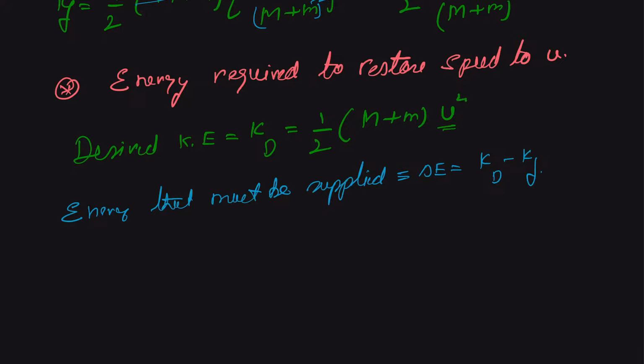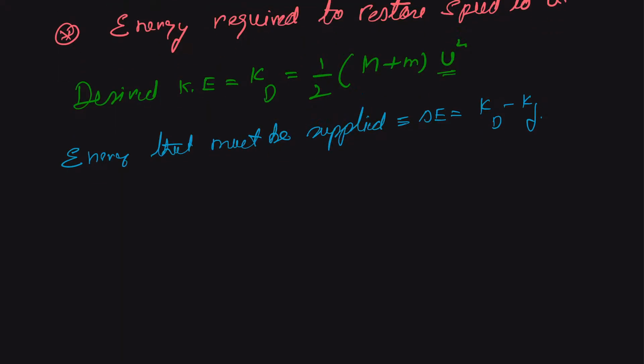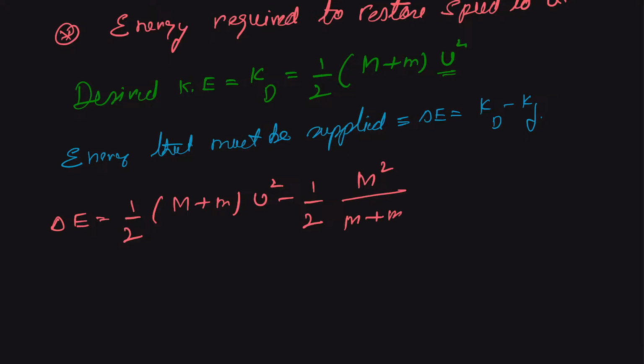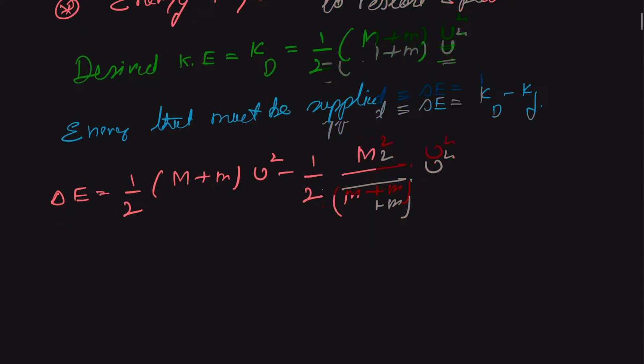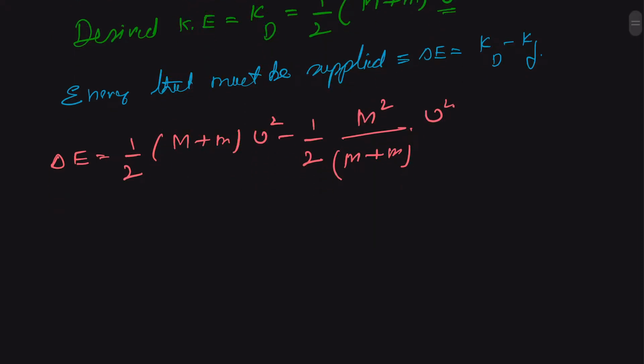Okay. So we simply substitute it, so we get our delta E, desired is half m plus small m v square, minus our final kinetic energy, which is half m square over m plus small m and v square. Okay. Now it is quite easy, it is simple mathematics now left.